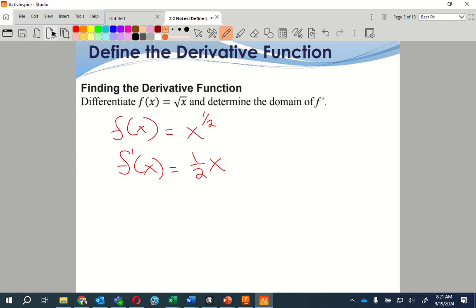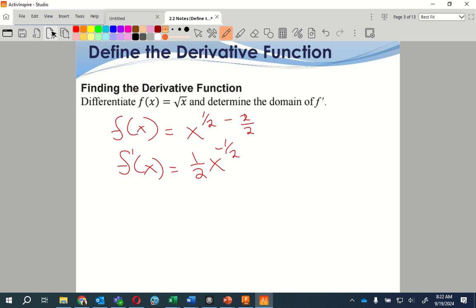So f prime of x is equal to 1/2 x to the, I'm subtracting 1, right? So my subtracting of 1 is going to look like this. It's minus 2 over 2, which is going to give me negative 1/2. And to rewrite that negative 1/2, where does that need to go? As a positive exponent, that would go where?